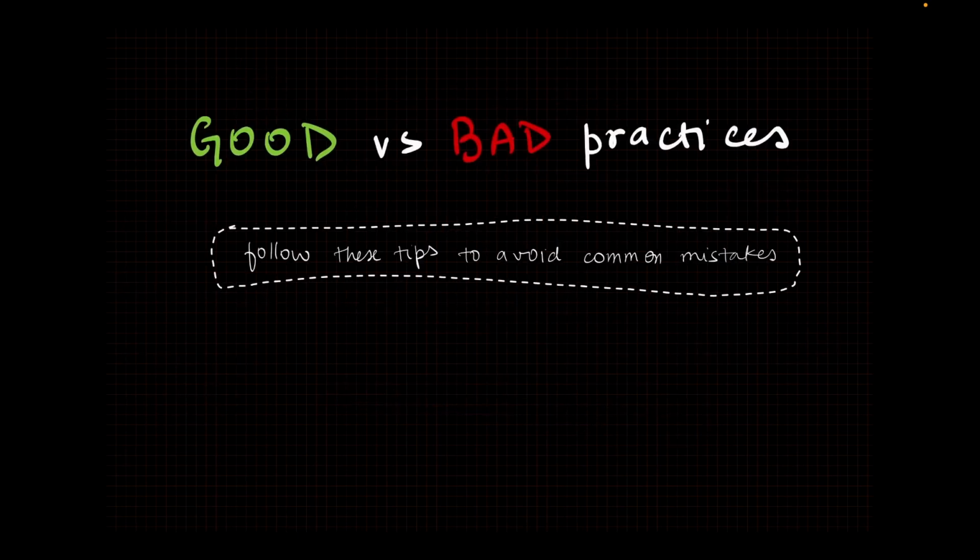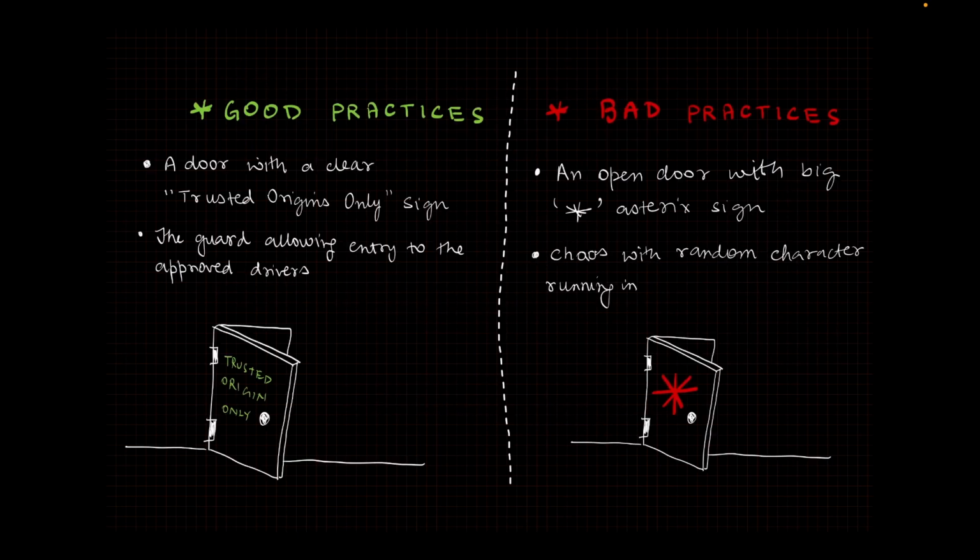Now let's look at some good versus bad practices. The good practice is that on the server we specify which origins we are allowing, some of our trusted origins, and when a request comes, it checks for the trusted origin and responds back. A bad practice is using the wildcard for the trusted origin.